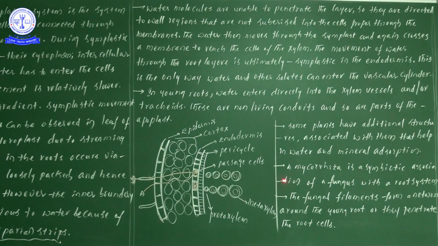Now let us see the mycorrhiza. First, mycorrhiza is a symbiotic association of fungal members with the root system. Sometimes they will ask what is the meaning of mycorrhiza. If they ask, what we have to write is that it is a symbiotic association between fungal members and the root system, or the higher plants' root system.